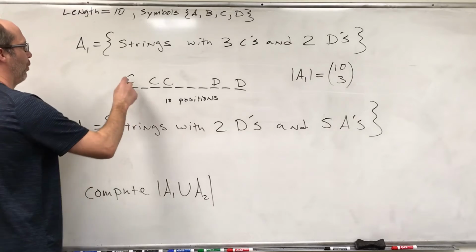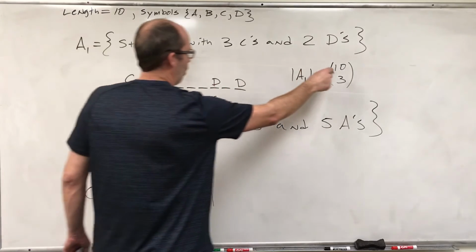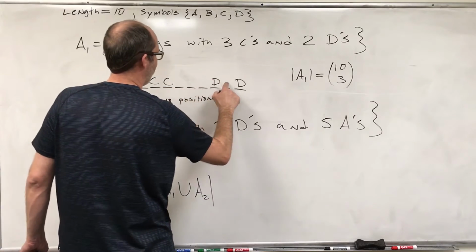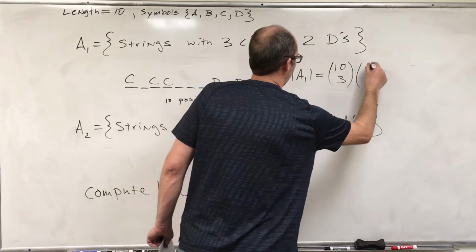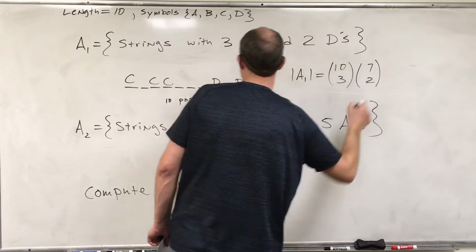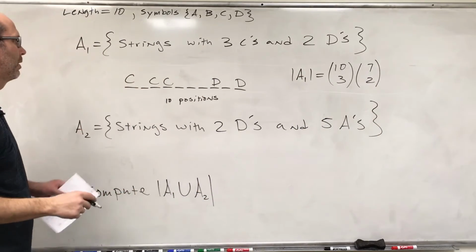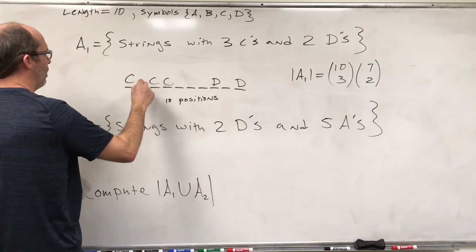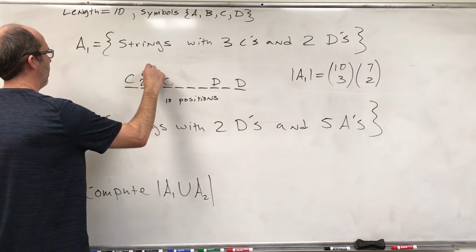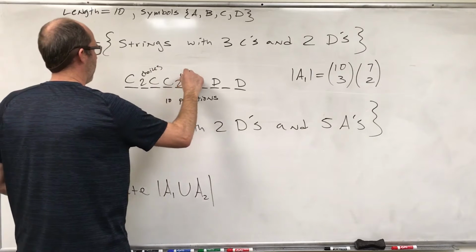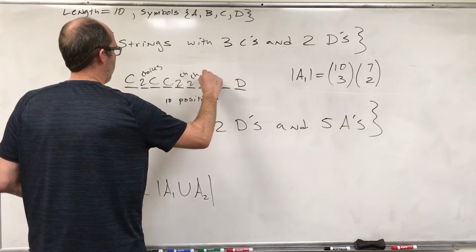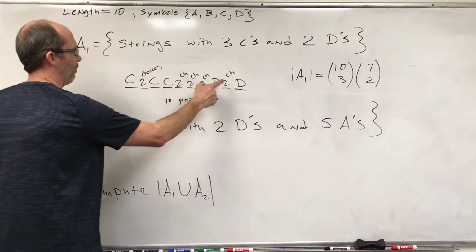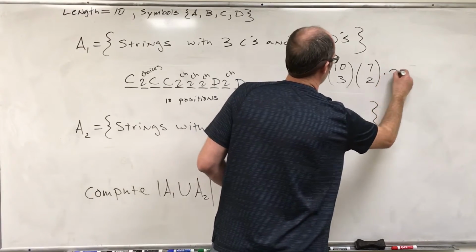Once we chose 3 of those positions to be C's, we had 7 positions, choose 2 of them to be D's. And then for what's left over, we have 2 choices for each of the remaining 5, so times 2 to the 5th.